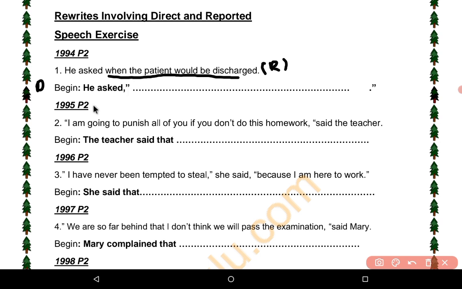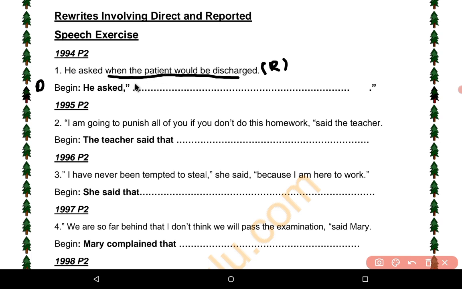So you are going to say that he asked. Now you need to change this like you are talking. So you're going to say, when will I be discharged?